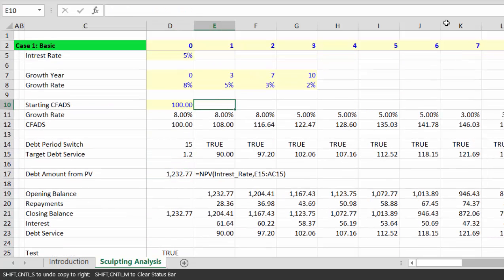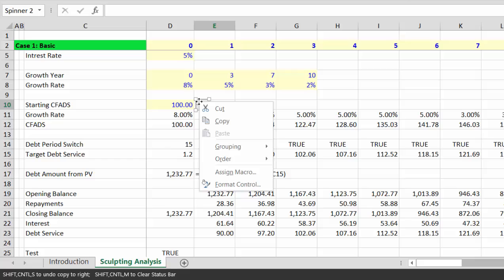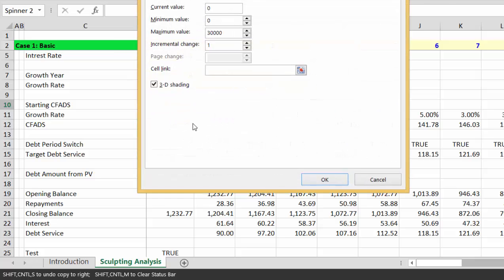But let's just pretend for a moment. Excuse me for this again. Let's go to the developer and put a spinner box around the 100 just for a minute. If we increase this 100, let's make it 500, I don't know.